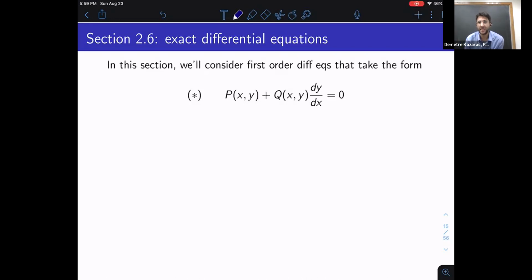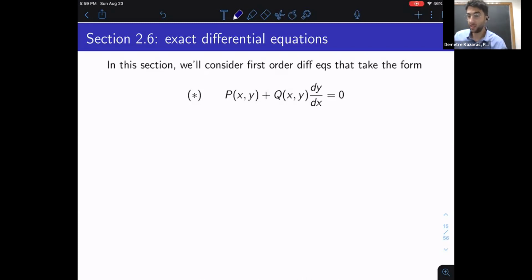Okay, so we're going to be looking at differential equations that take the following form. It'll look like some function p of both the variable and unknown function y, plus q, also a function of both, times the derivative of y, all equals 0. So basically everything we've seen fits into this general form.